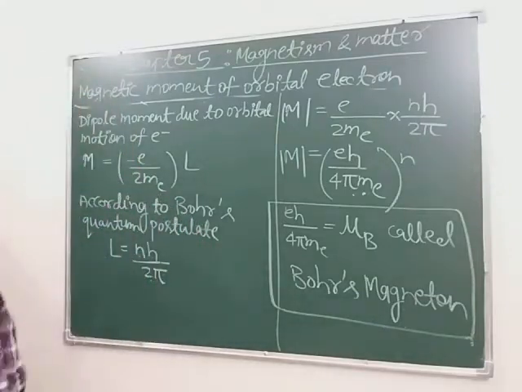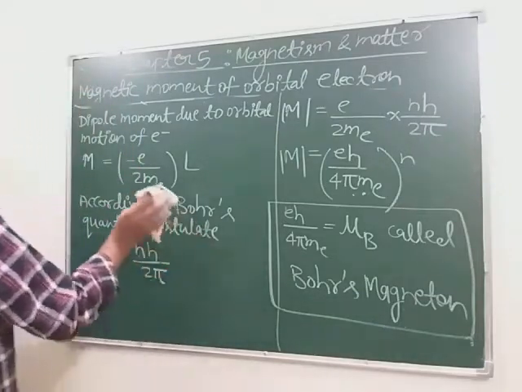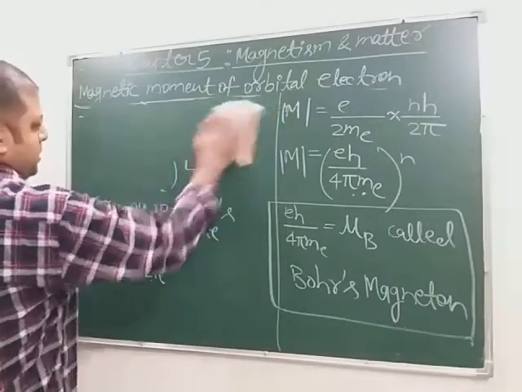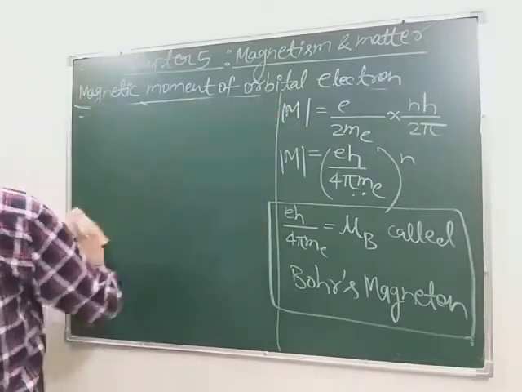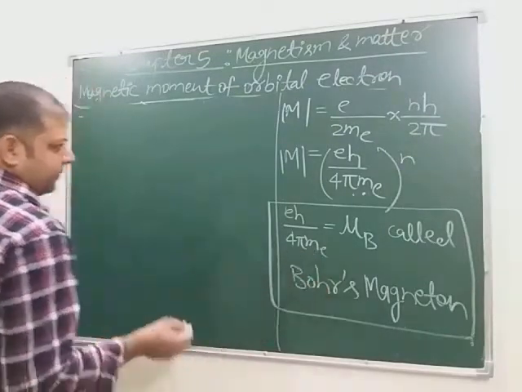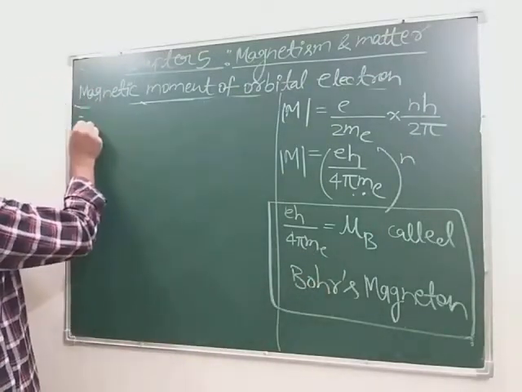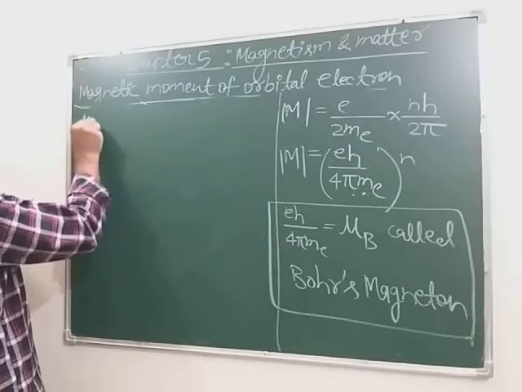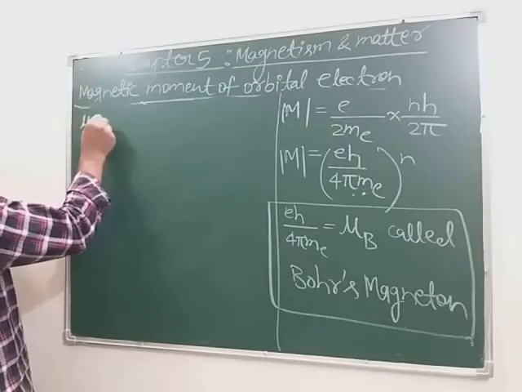So students, since it is a constant, we can derive its value. What will be the value of Bohr's magneton?